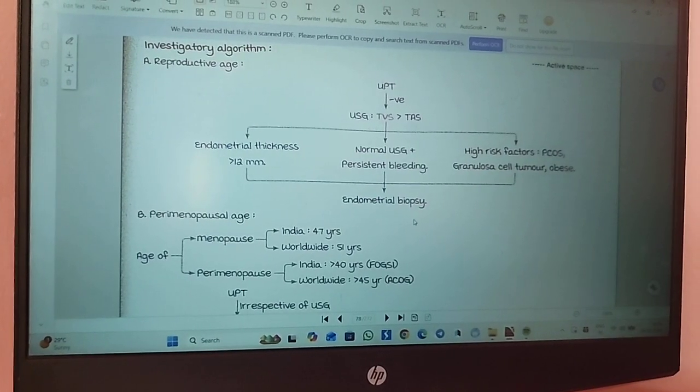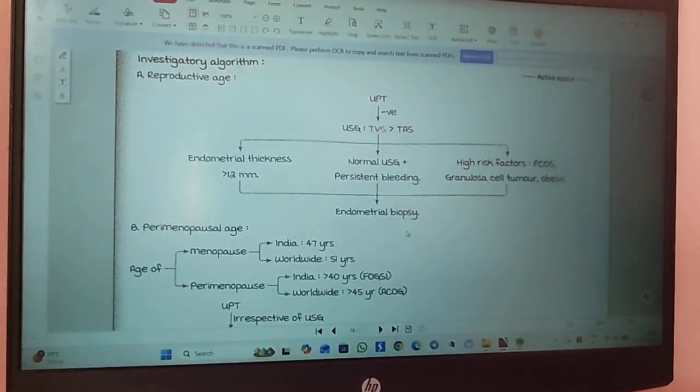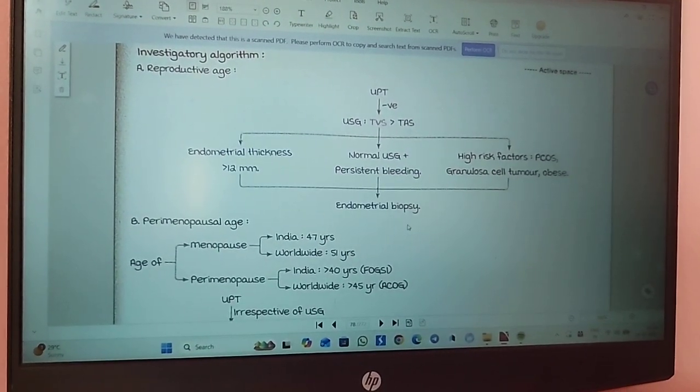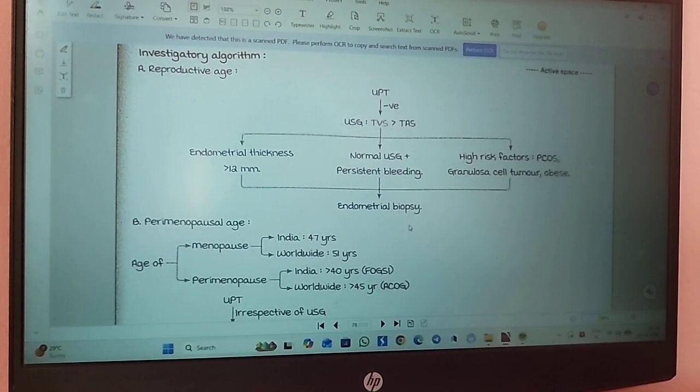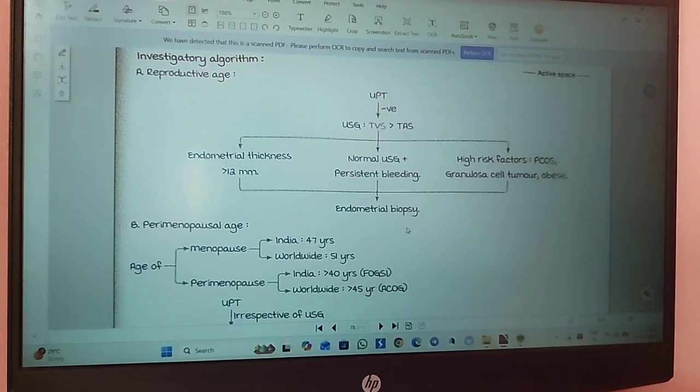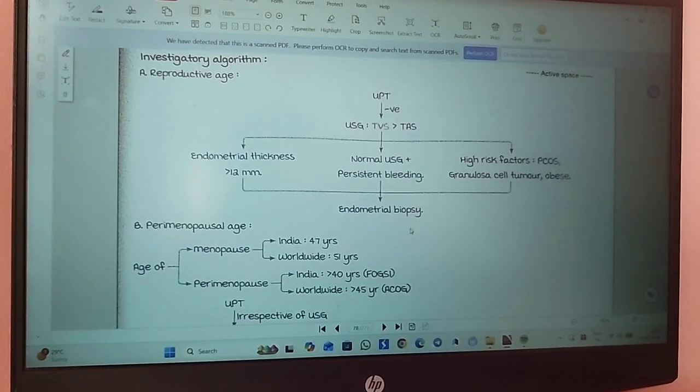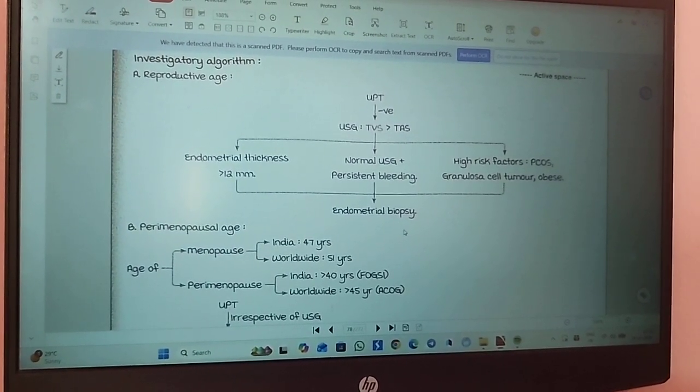So this is the investigation algorithm for the reproductive age group. In the reproductive age group, you do the urine pregnancy test, and if it is negative, you should look for ultrasound, where TVS is done more than TAS.